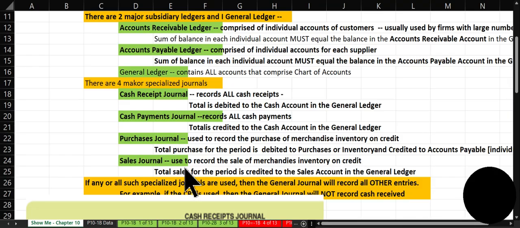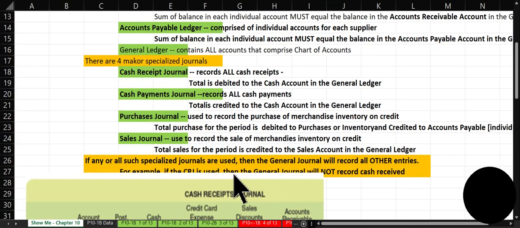The total sale is going to be recorded just like you would any other sale by crediting your sales account, and you would debit the total amount to the accounts receivable in the general ledger. Of course, the individual amounts would be debited to the account of each customer.